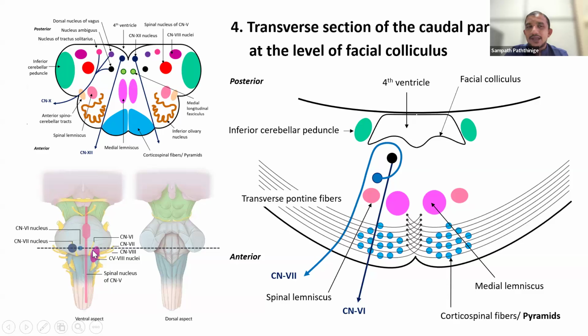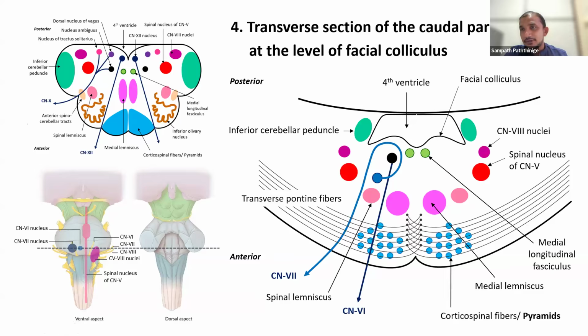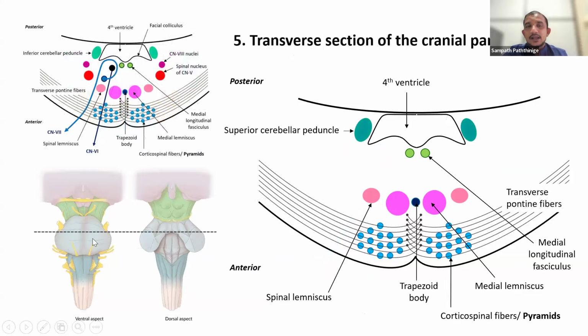In addition to that, in this region you might find the spinal nucleus of the trigeminal nerve, and even some vestibulocochlear nuclei as well, and the medial longitudinal fasciculus. Okay. So then if we go a little bit higher up in the pons, that is the region where we are going through the trigeminal nerve nucleus.